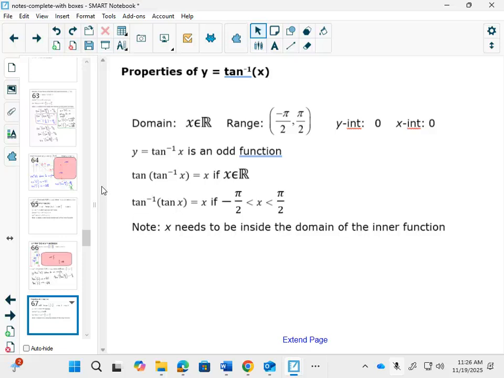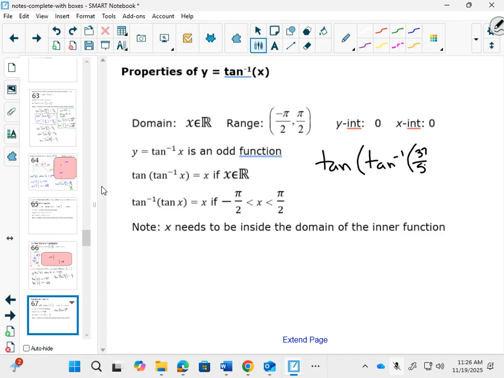This is interesting. You can always cancel out this way. If you do tan of tan inverse of x, doesn't matter what value I put in there, they'll always work out for you, no matter where you put it in.